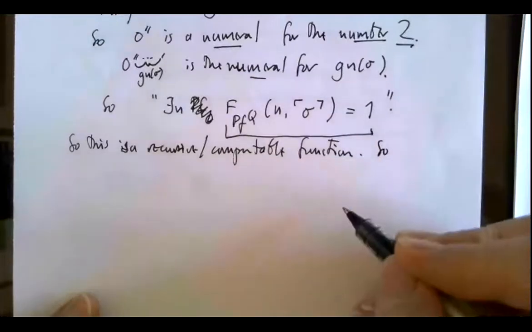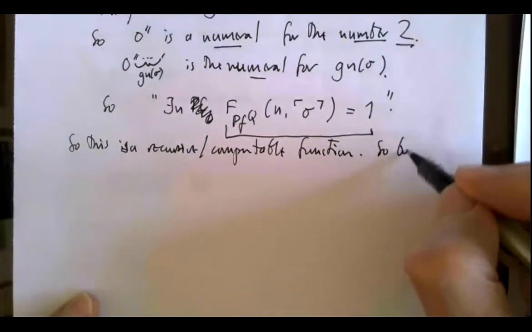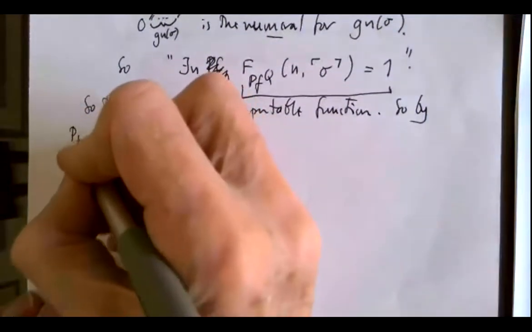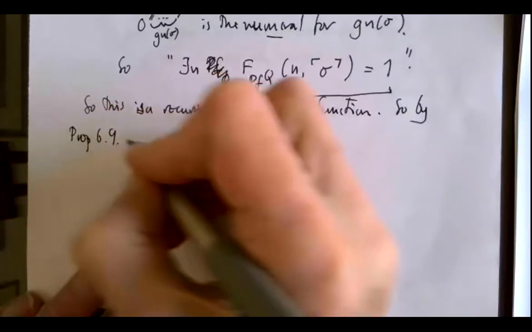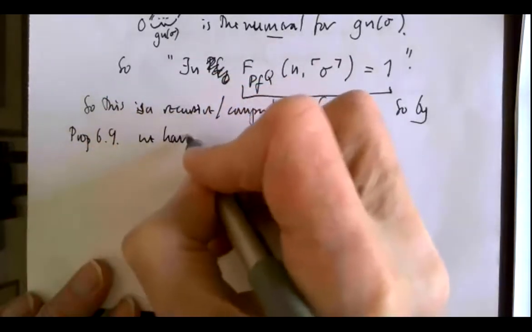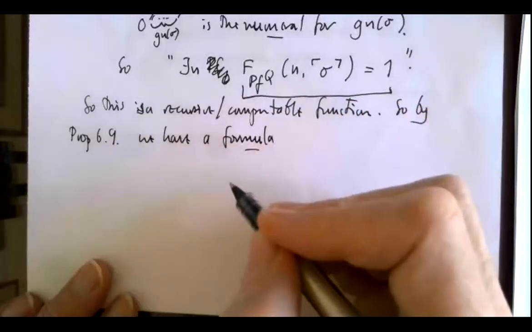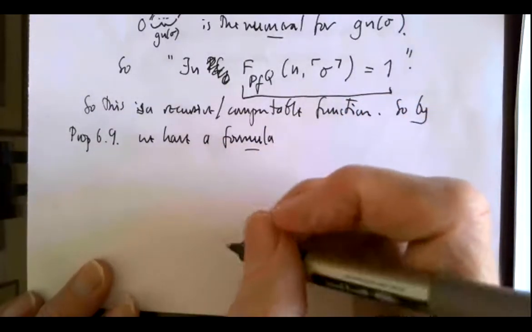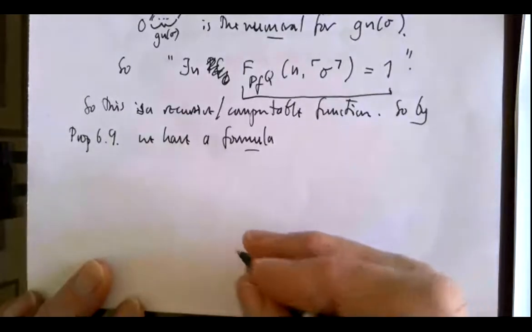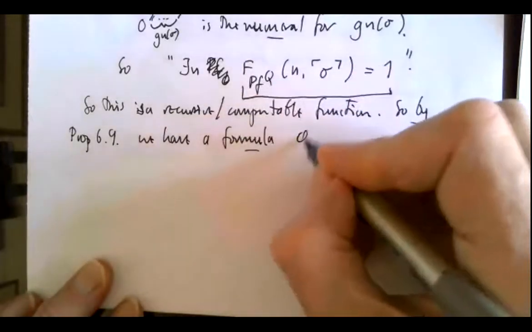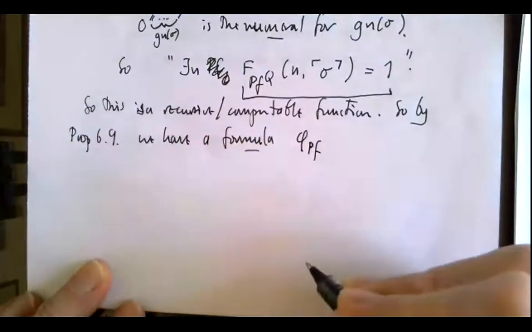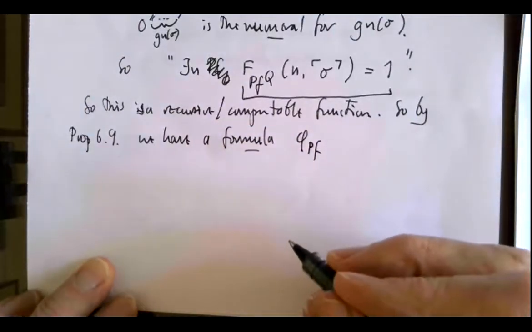So by proposition, if you believe proposition 6.9, there's some formula, let me just call it phi pf down here.